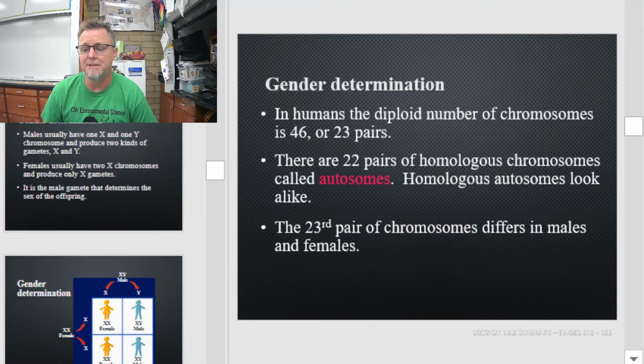In humans, the diploid number of chromosomes is 46, or 23 pairs. 22 of those pairs are what are called autosomes, and they're responsible for making everything else in your body except for gender. The last pair of chromosomes that you inherit, your 23rd, are not a completely matched pair of chromosomes. They differ in males than they do in females.